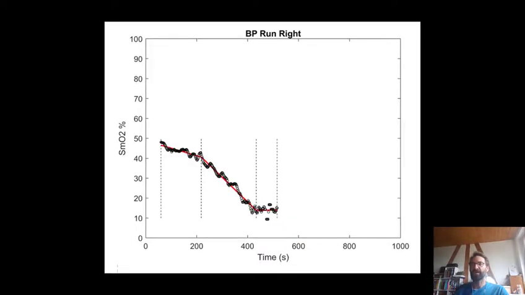For running, you generally get the same response, with this plateau at the bottom. We did VLs for running as well, so not rectus femoris, where again you can debate placement for sure. But for comparison, we did the VL as well.